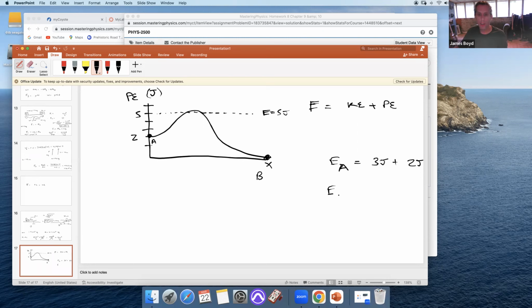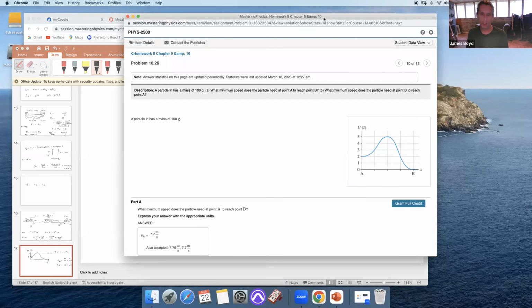If I'm at B, notice my potential energy is 0 joules, so my kinetic energy would have to be 5 joules. And if I'm at, say, C here, my potential energy would be 5 joules, and my kinetic energy would be 0. So your kinetic energy is always the difference between whatever your total energy line is and where your potential energy is.